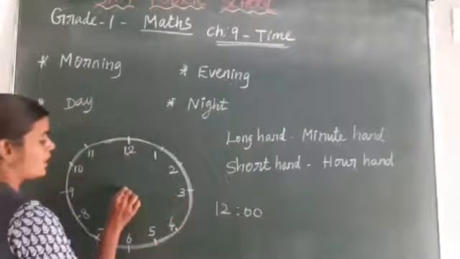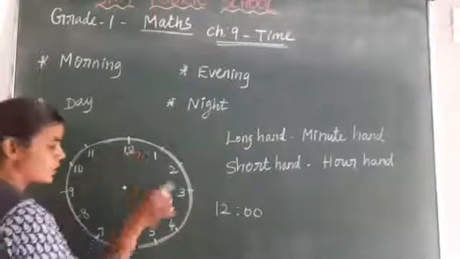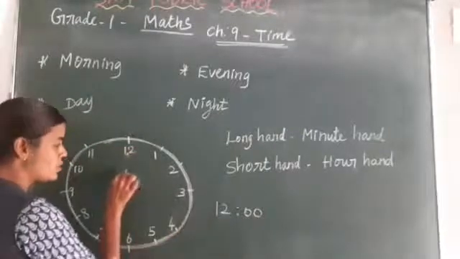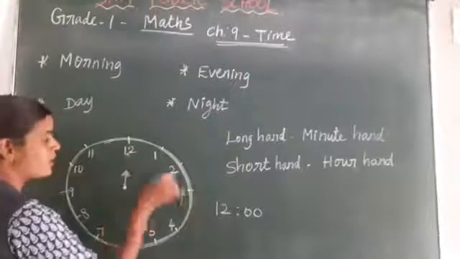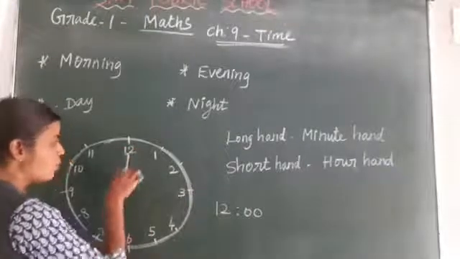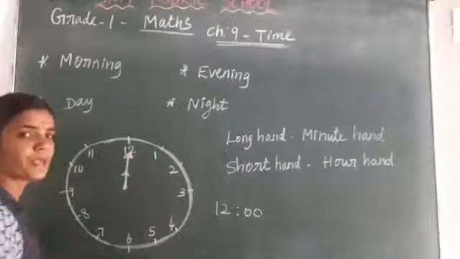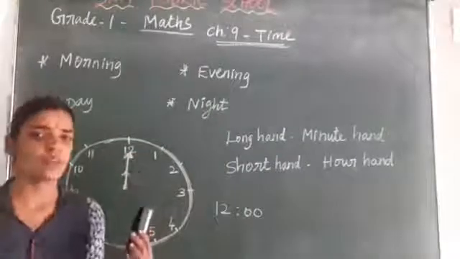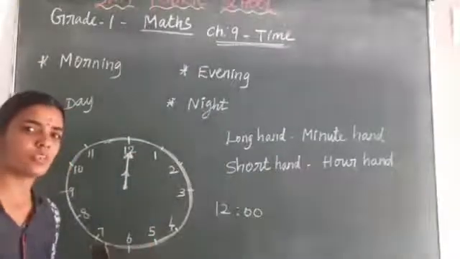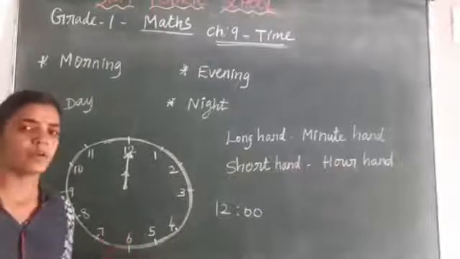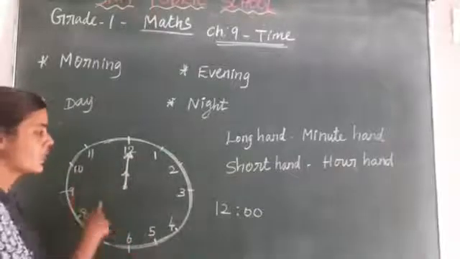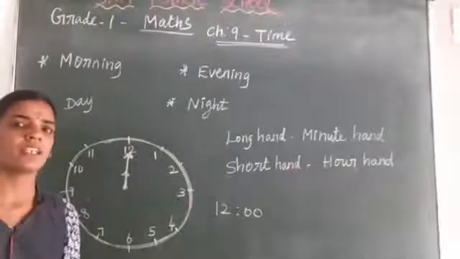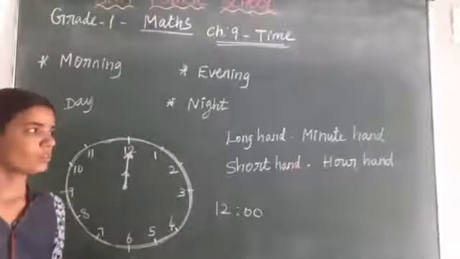How will you draw it? The short hand shows 12, and the long hand also shows 12. Both hands show the same number. That means the time is 12 o'clock. Like that, when another time is asked, you have to read which number the short hand shows. That is the time. Okay, dear children.